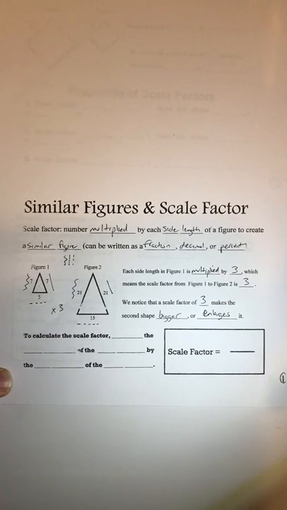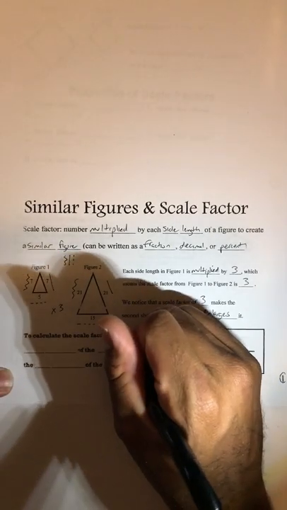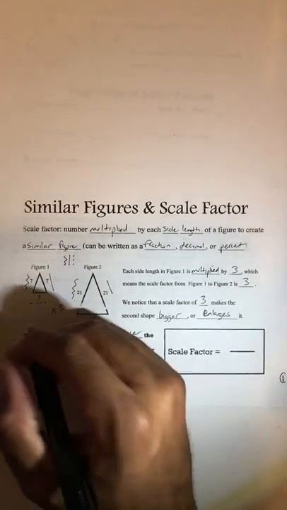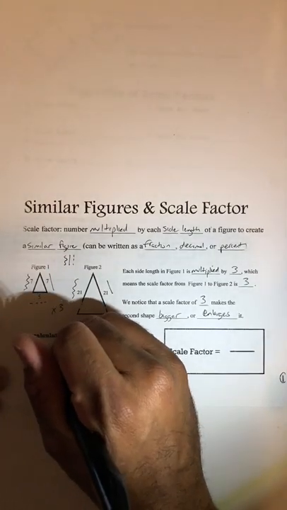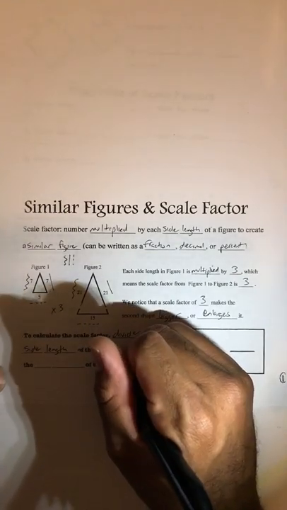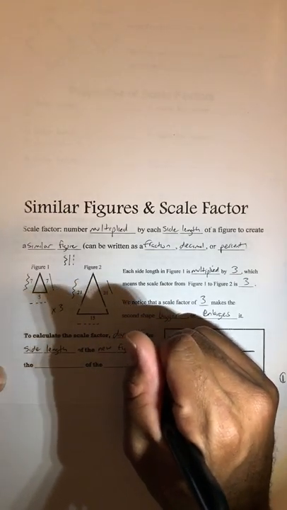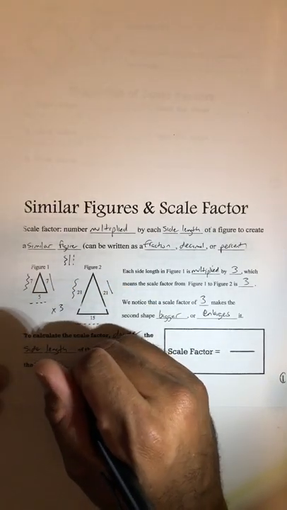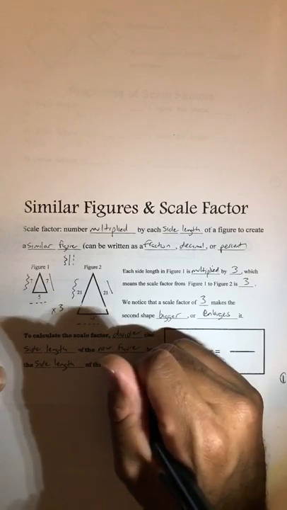Now, to calculate the scale factor, let's say we don't have the scale factor, we divide the side length of the new figure by the side length of the old figure.